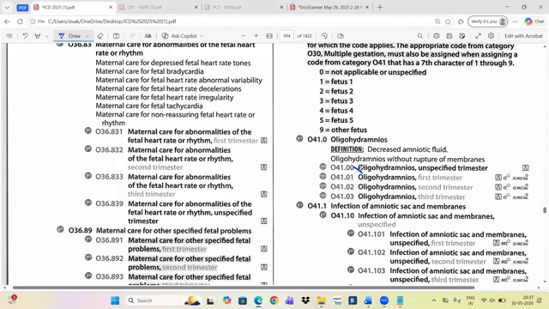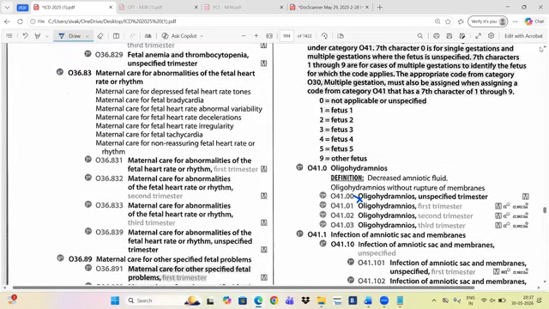Then the seventh character should be fetus identification. Here we need to take the number of fetus. If they have not specified or unspecified, 0. If they have multiple fetuses, like 1, 2, then they are treating fetus 1 or fetus 2. Based on that, you will get it. If they did fetus 2, 2; fetus 1, 1. If no fetus is specified, 0, so O41.00X0.